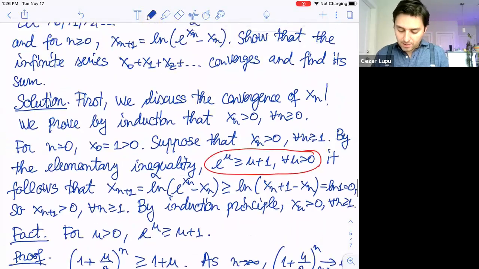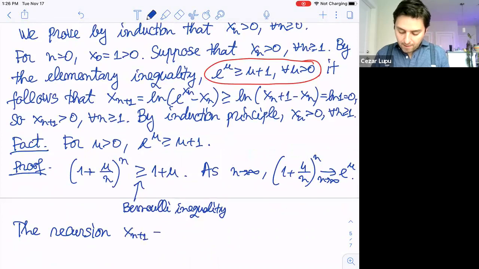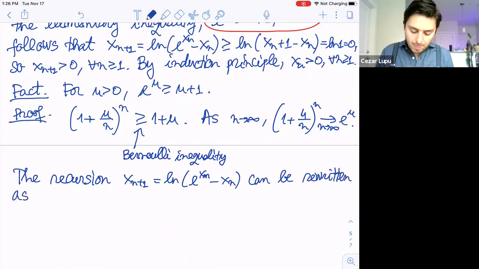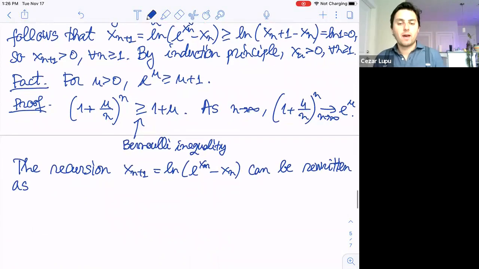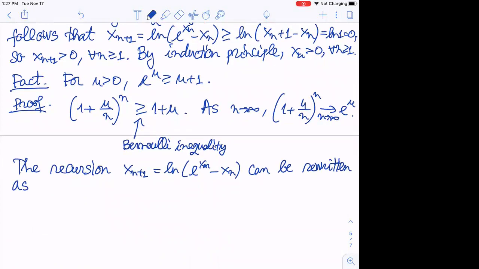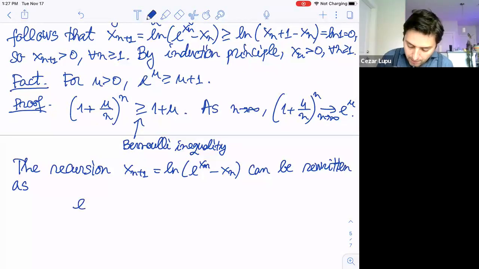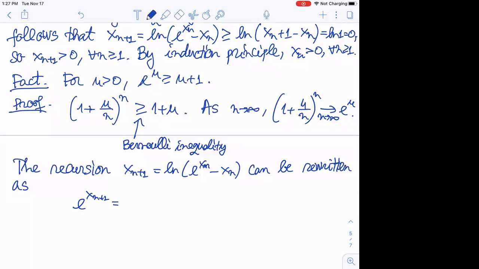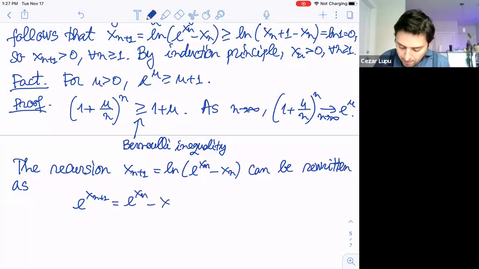So let me write it again. Xn plus 1 is ln of e to the xn minus xn. Can you tell me how we can rewrite that? e to the power of xn plus 1 equals what? e to the power of xn minus xn, right?